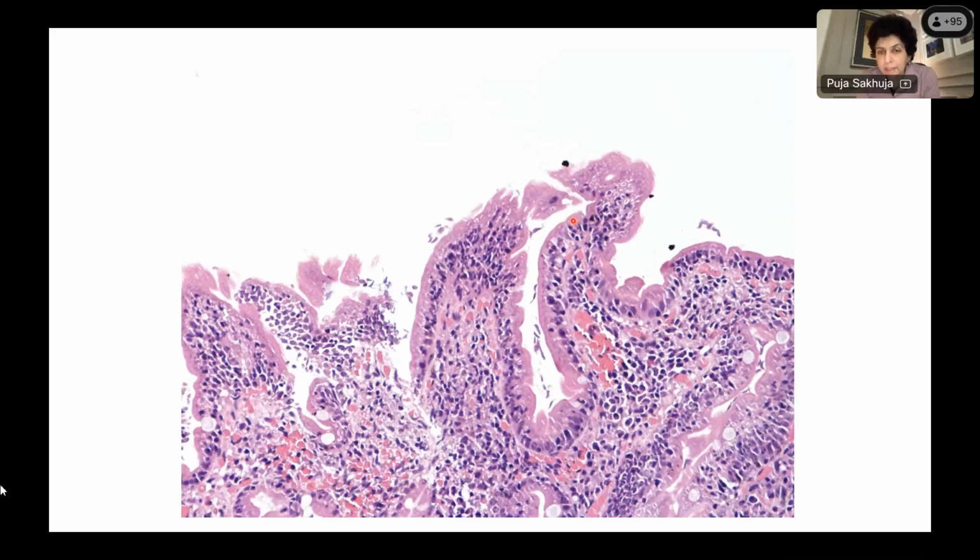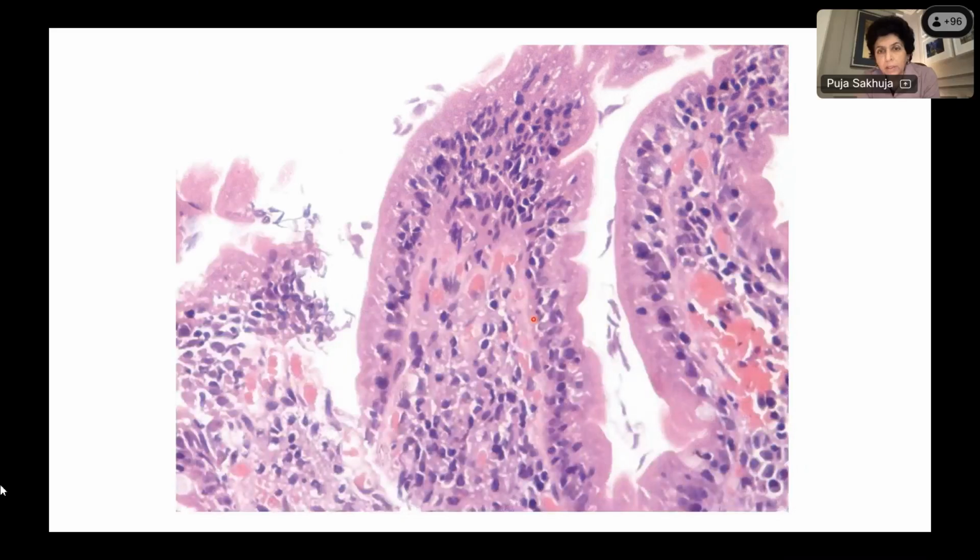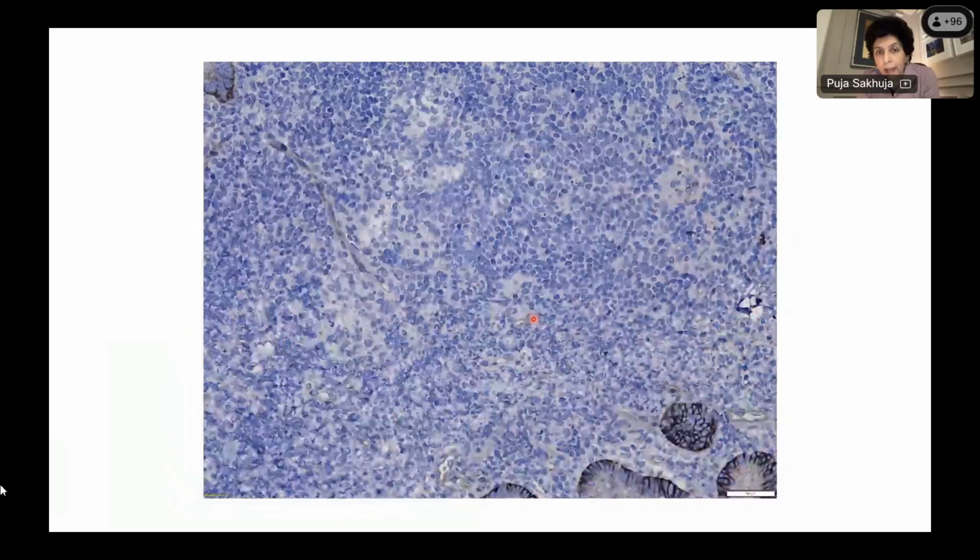But this is a different case, the one that you're currently seeing on the screen. In the previous case that we saw, I don't think there was an increase in intraepithelial lymphocytes, but there were a lot of lymphoid follicles and there was the absence of plasma cells. So what stain is this?